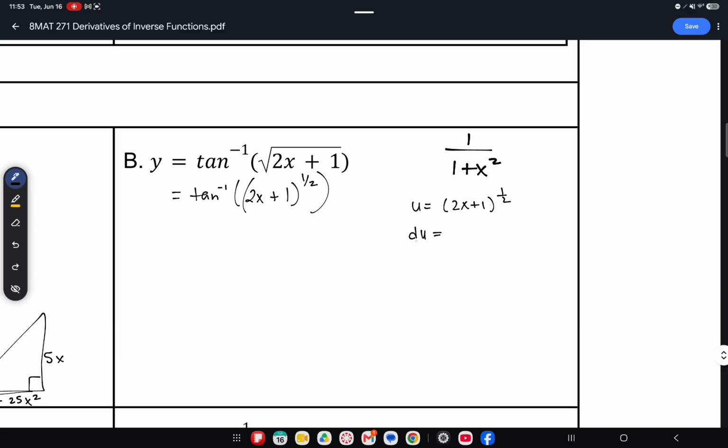So the derivative, we're going to need a chain rule here. Chain within a chain. So 1/2, (2x plus 1) to the negative 1/2, times the derivative of the inside, which is going to be 2. The 1/2 times 2 will be 1, so that gives me 1 over the square root of 2x plus 1.